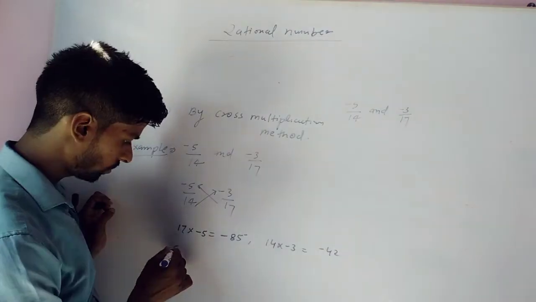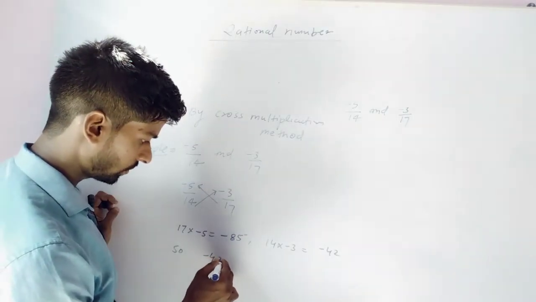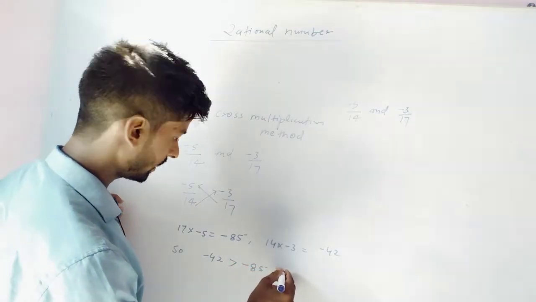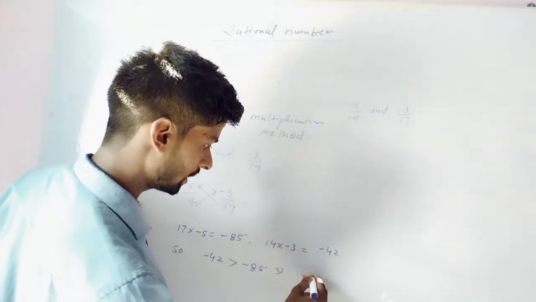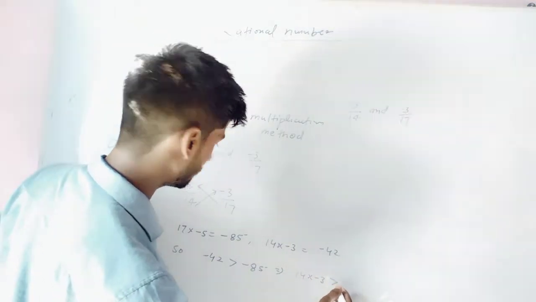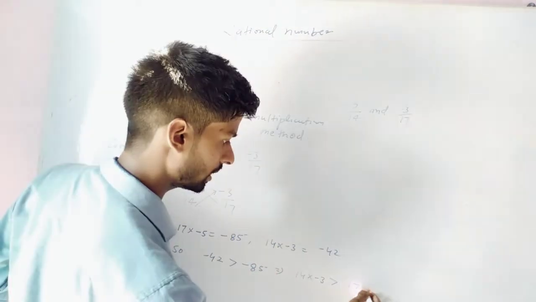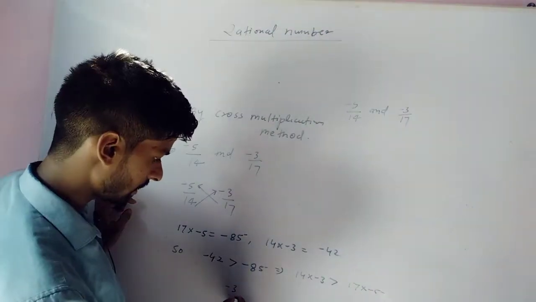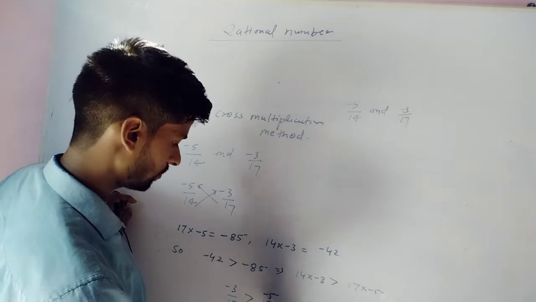So we can say -42 is greater than -85. So we can write here 14 multiplied by -3 is greater than 17 multiplied by -5. So we can write -3/17 is greater than -5/14.